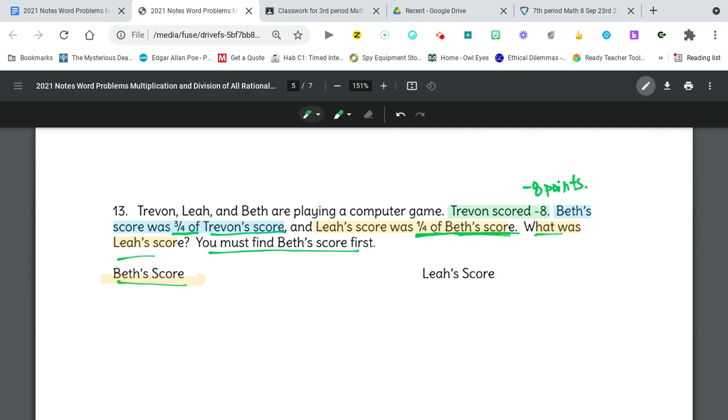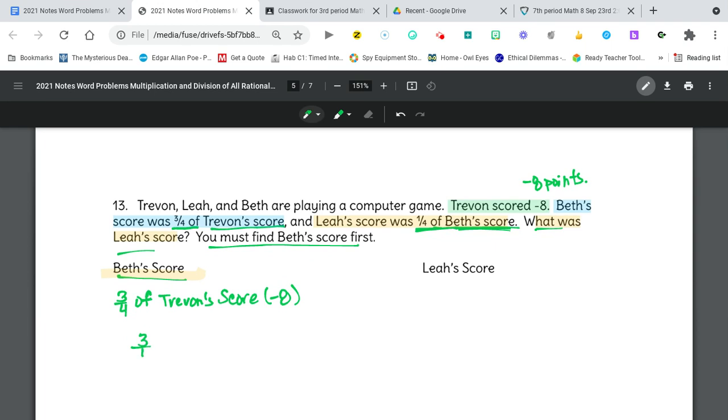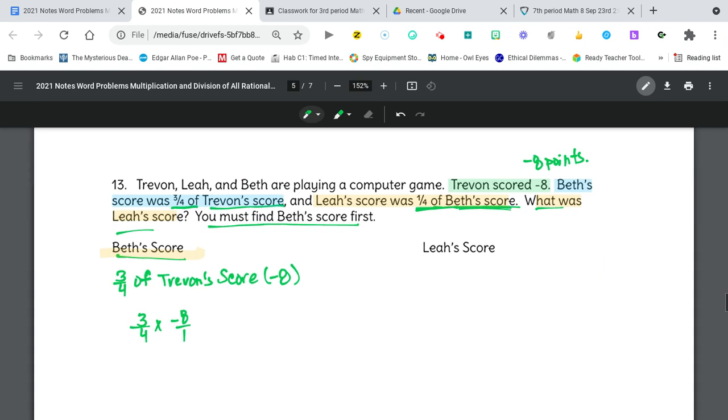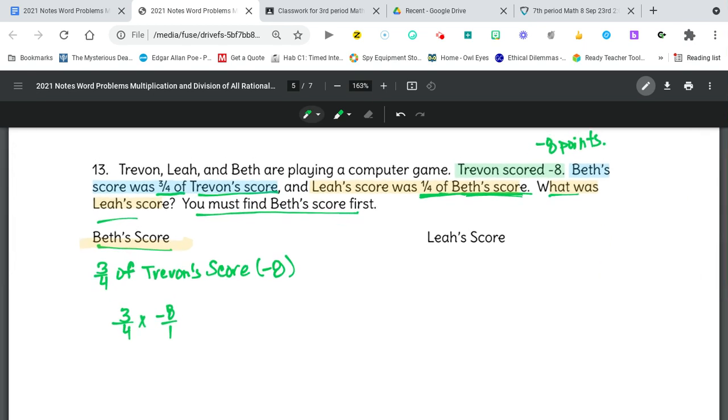So at least I got 2 numbers there. So Beth's score was 3/4 of Trayvon's score, which was -8. So basically just 3/4 times -8. Put a whole number over 1. It's actually an integer, guys, and not a whole number. Whole numbers aren't negative. Okay, now you get -24 over 4.